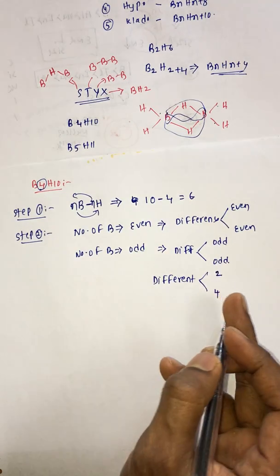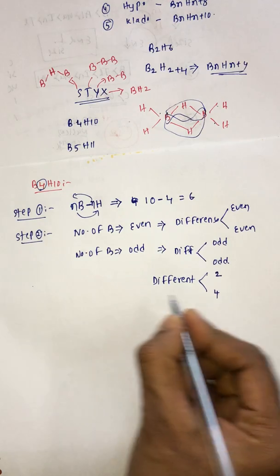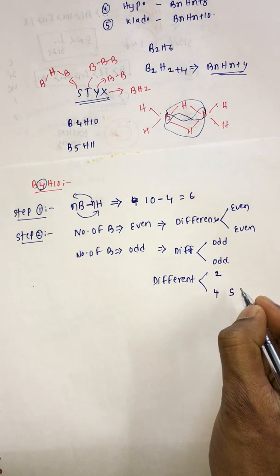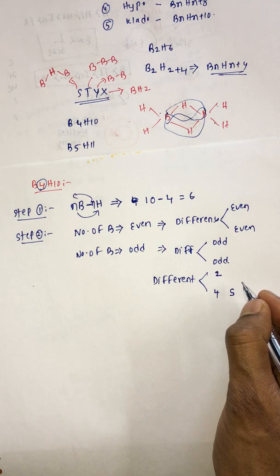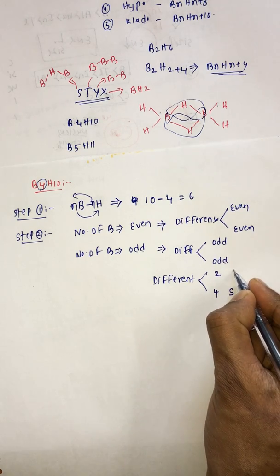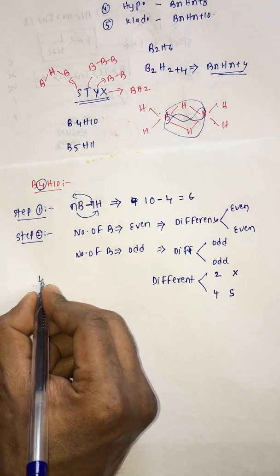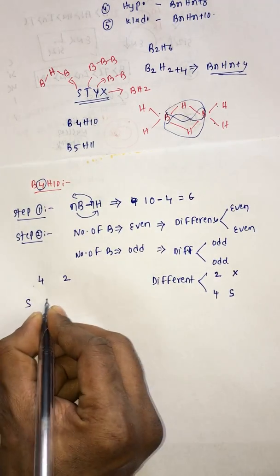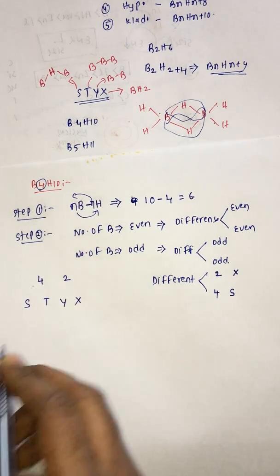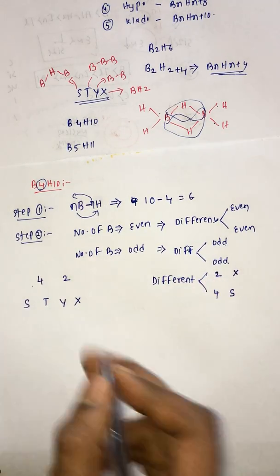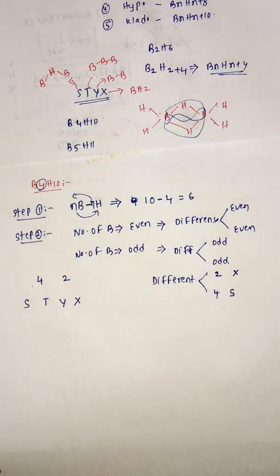One number will be S and the other number will be X. So one number in the difference has to be S, and the other has to be X. Which is S and which is X?